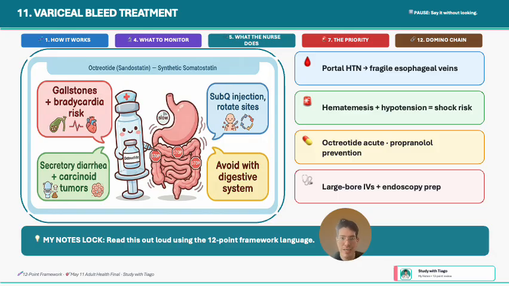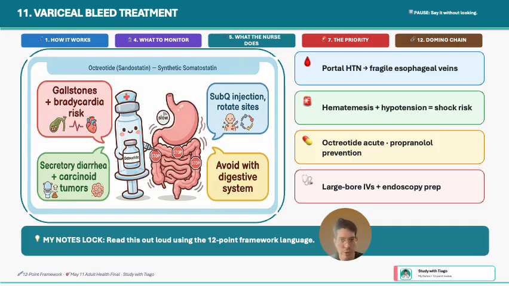The nurse should not treat it like a normal GI upset. Yeah? Second, support circulation and prepare for intervention. Expect large bore IV access, right? Fluid or blood product support as ordered. Labs, type and screen, continuous monitoring, and urgent provider or rapid response involvement, depending on the situation.